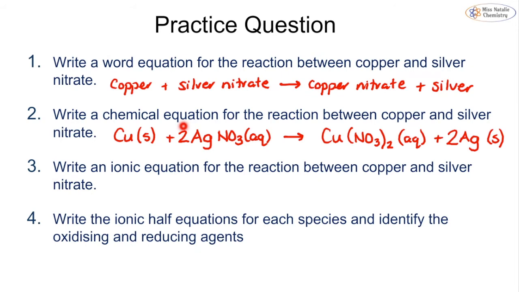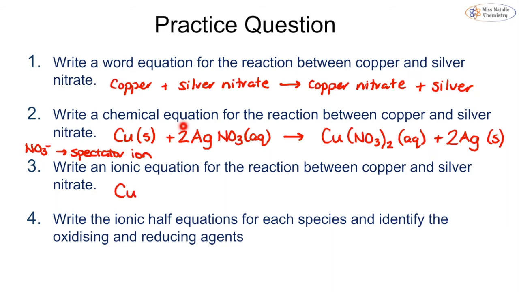So now we want to write out the ionic equation for this. So what you would do is write out each thing individually into its different ions. And what we would see is that our nitrate, which is NO3, is a spectator ion. So we would remove that. So let's rewrite this as ions, but without the nitrate.